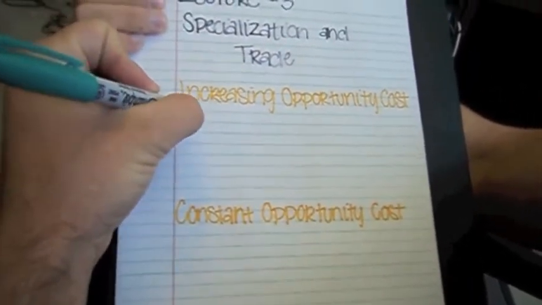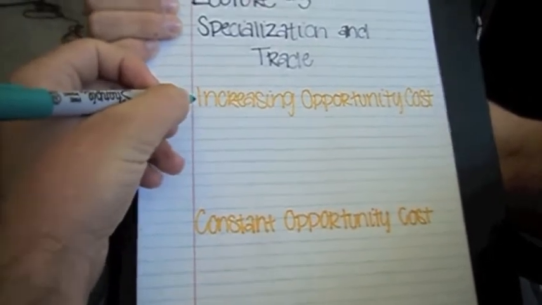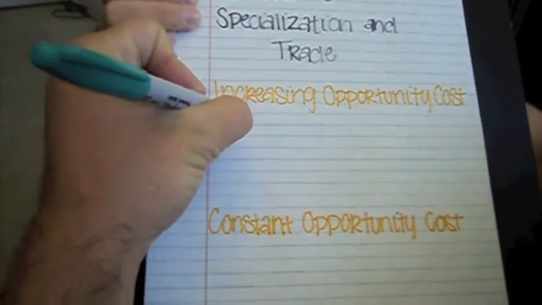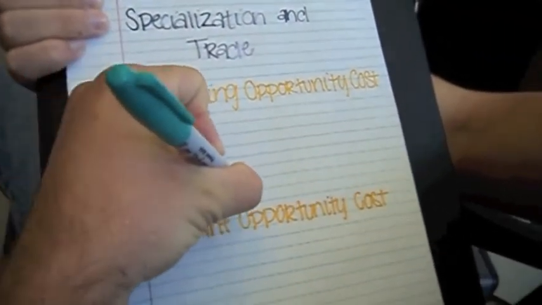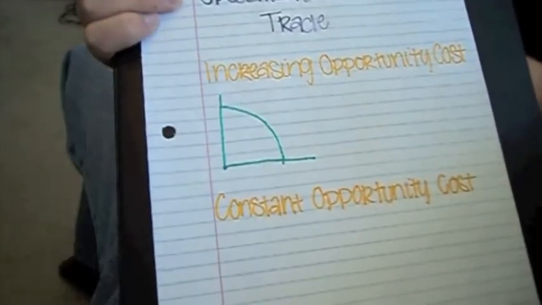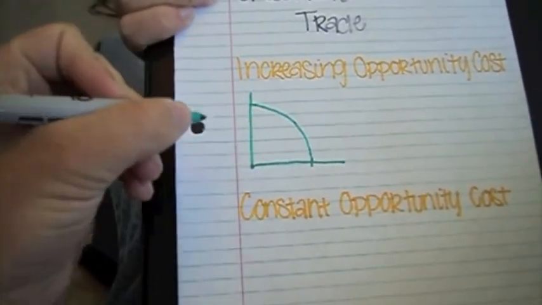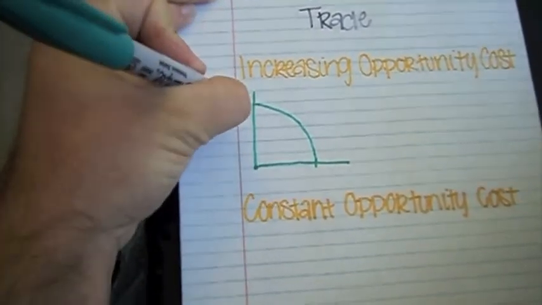Okay, for our previous lectures we've used the increasing opportunity cost model for the production possibility frontier, and that looks a little something like this. It's a curved line which shows that for each additional unit you want, it costs more and more in terms of the other unit that you're giving up.